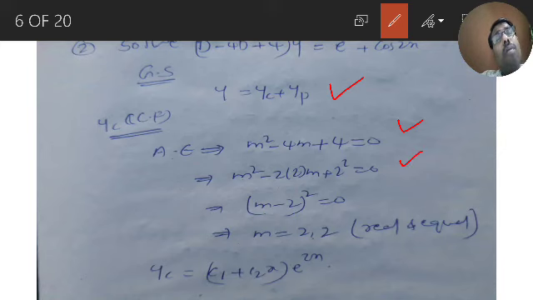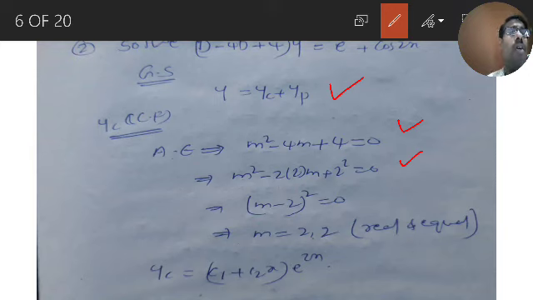It is of the form a square minus 2ab plus b square. So that is a minus b whole square, that is m minus 2 whole square. M minus 2 into m minus 2 is equal to 0. That is m is equal to 2 comma 2.